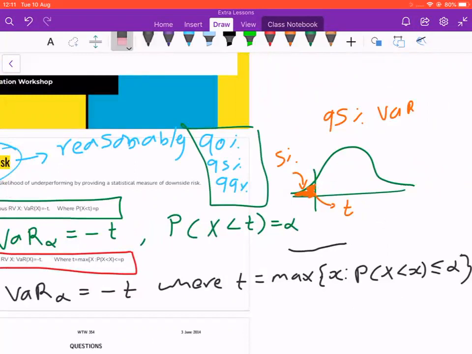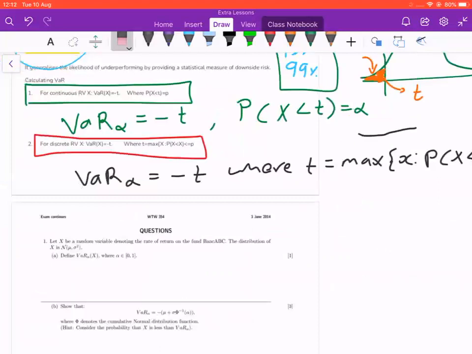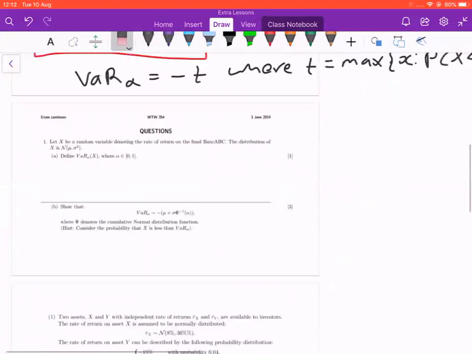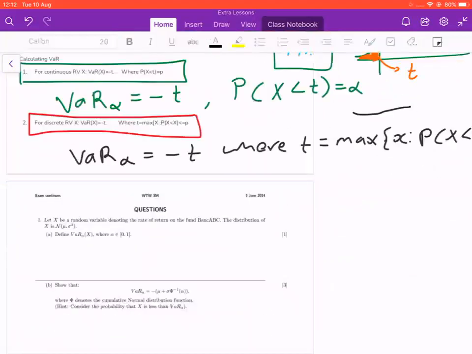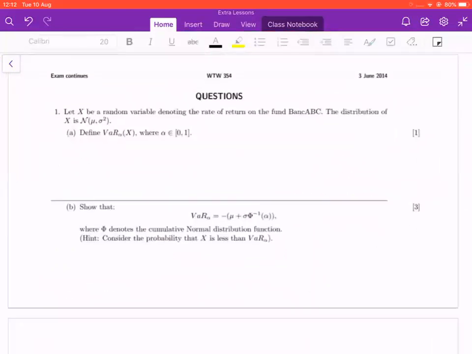In order to understand this fully, we will have to do a couple of examples. This question is from a 2014 paper. It's not recent, but the questions on VaR don't change that much; the answer is mostly of this nature.